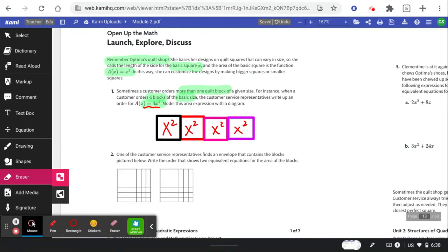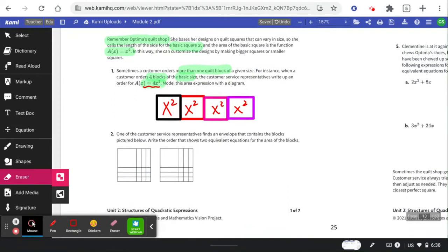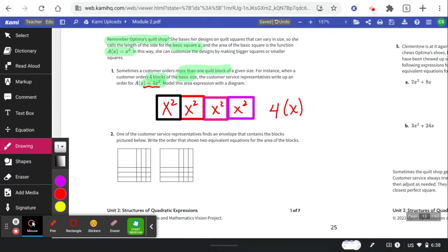And so there it is, showing those 4 little x squareds in a row. That would be the diagram for this. So now we're looking today at how to represent each of these diagrams when we're ordering more than one of the blocks. So go ahead and take a look at number 2.